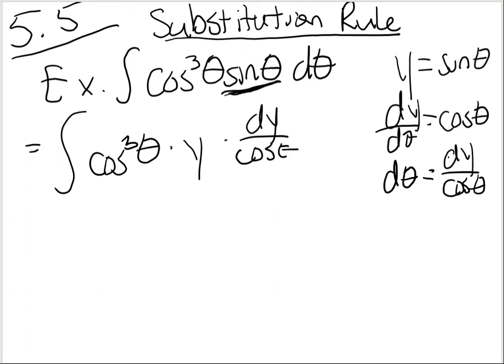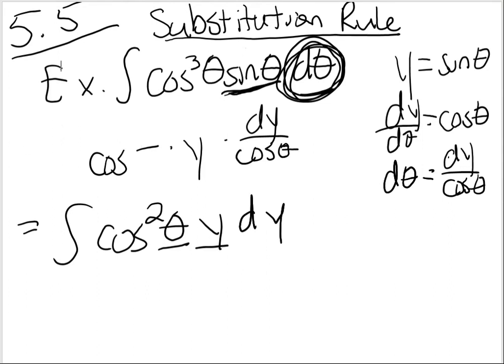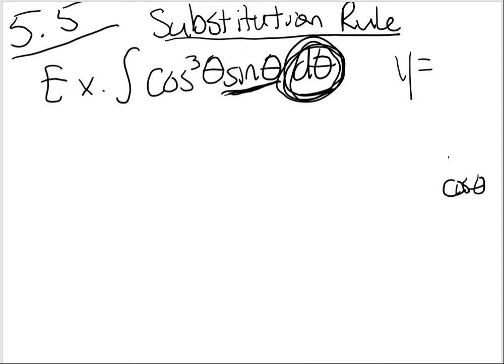But you're going to see a problem just in a second. What is this going to give us? It's going to give us cosine squared theta y dy. But now we have two variables. So when you have two variables, and you've already substituted in for the differential, that d something term, that's usually a good sign that maybe if you're doing substitution rule, you should choose something else to substitute. So sine didn't work.